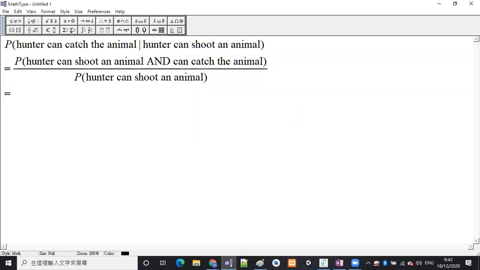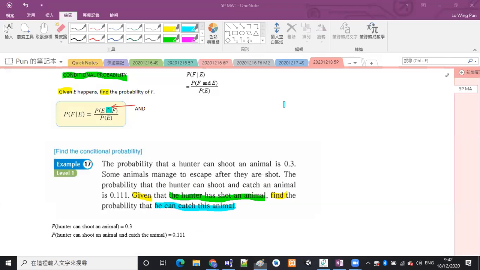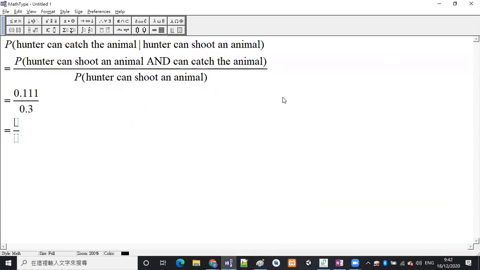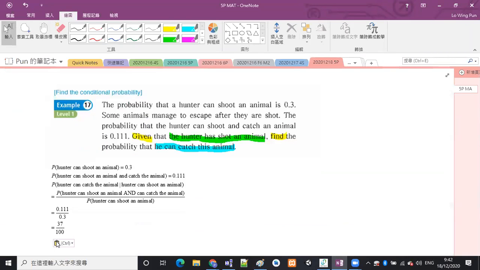So it is like this: 0.3 on the bottom and 0.111 on top. Then we just simplify the number. That should be equal to what? Is it 0.37? Yes, 37 over 100, or just 0.37 is okay. So that is how we can calculate this answer.